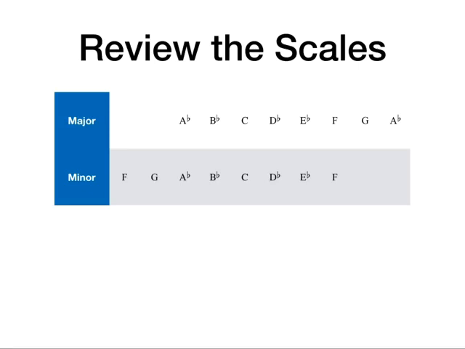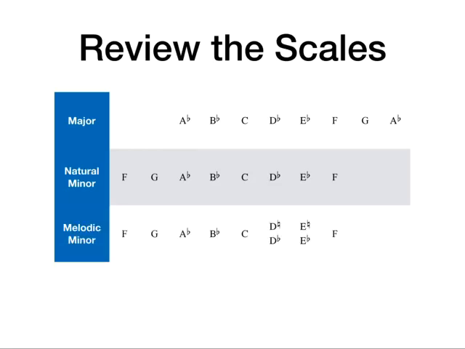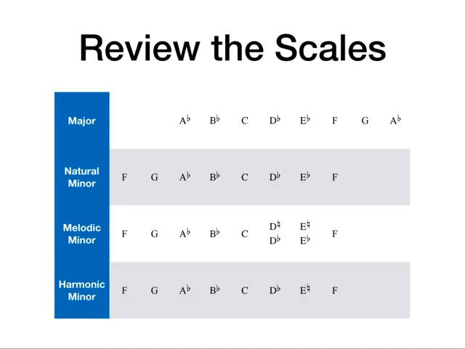However, music in minor keys is almost never written in just the natural minor. The melodies are usually written in melodic minor, and the harmonies in harmonic minor. This changes, as you know, the 6th and 7th scale degrees of the minor scale. Let's start with the 6th scale degree.